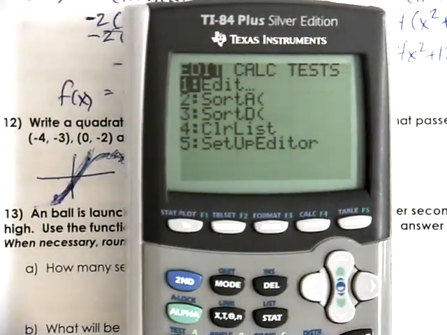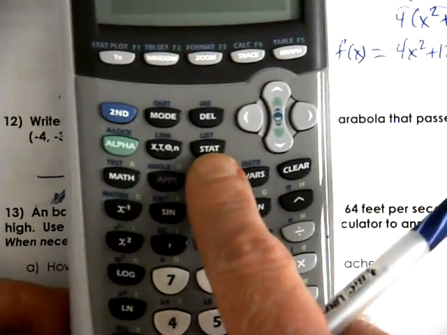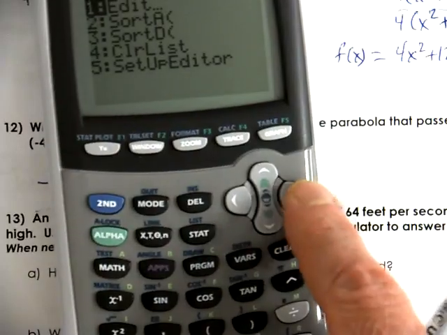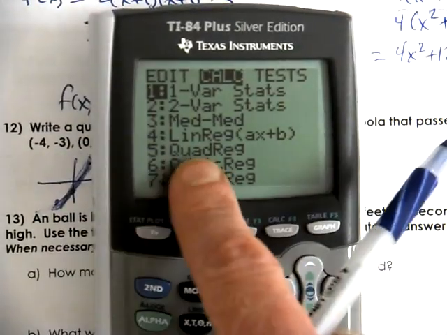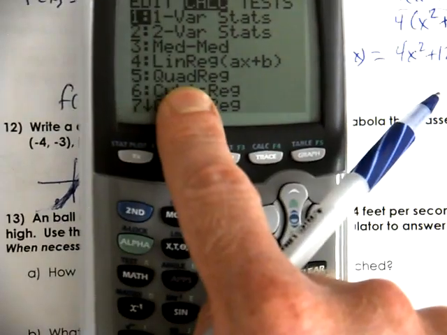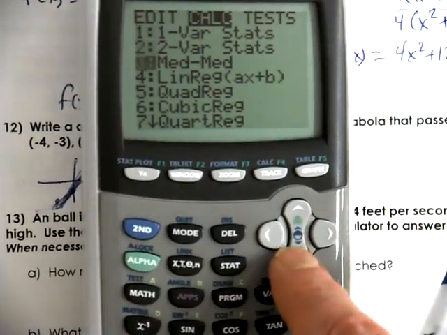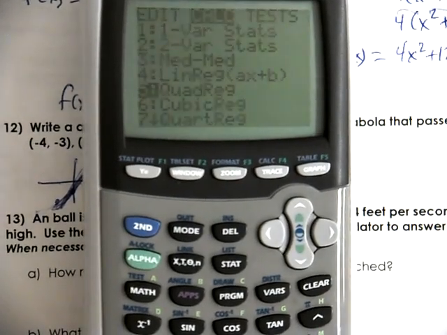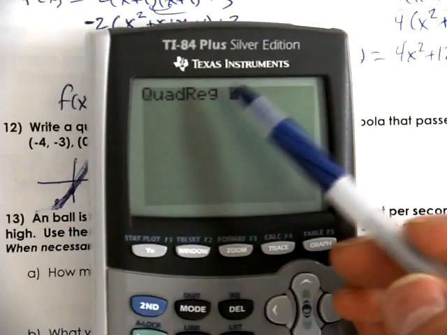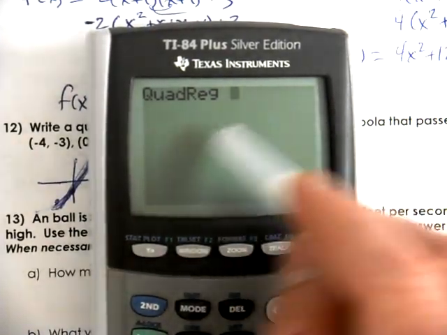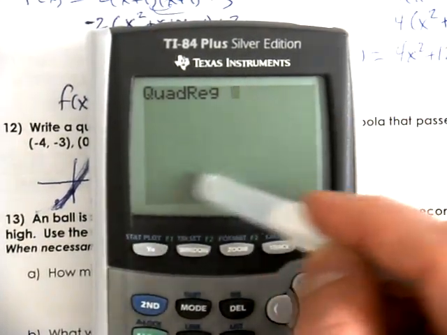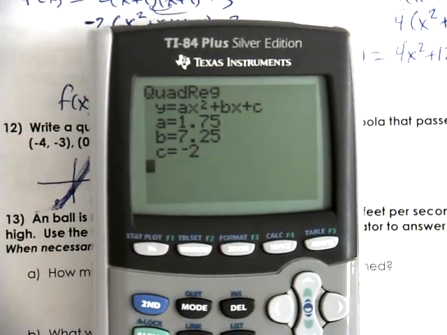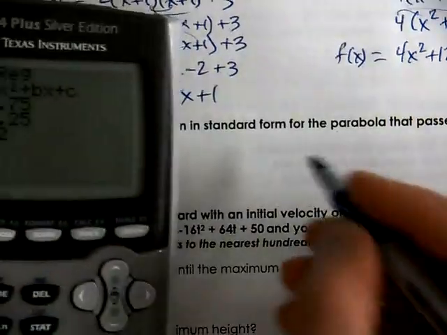So we're going to hit the stat button and go over to calc. Use your arrows. Go down to number 5, quadratic regression. Quad, R-E-G. Your screen might have multiple rows here, and you've got to arrow down to calculate. Here you just hit enter. And there is our equation.